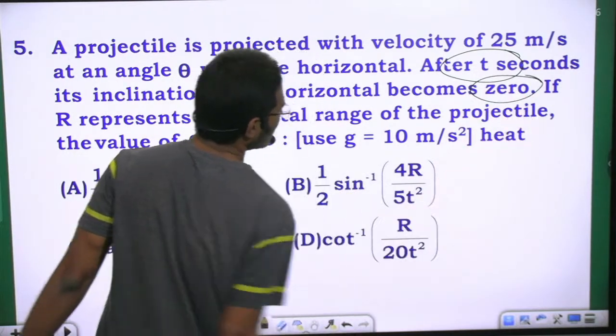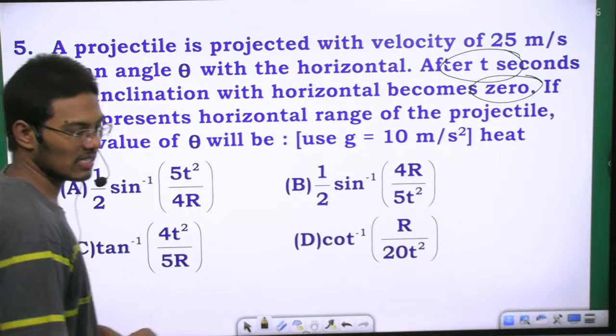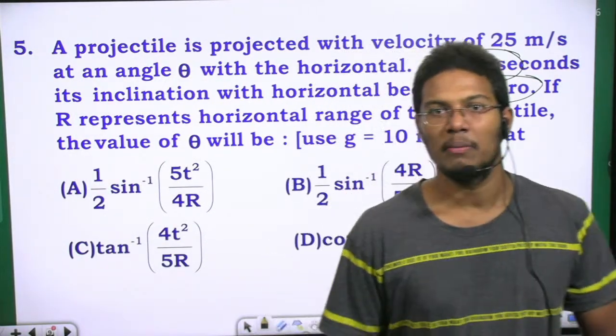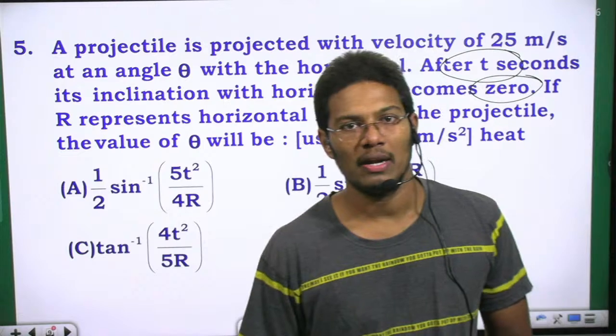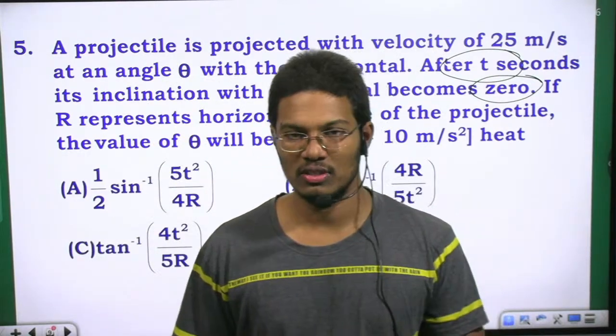What does this statement mean? It means that the inclination of the velocity vector becomes 0. When does the inclination become 0? When the particle reaches its maximum height. So whenever a particle reaches its maximum height, its inclination with the horizontal becomes 0.